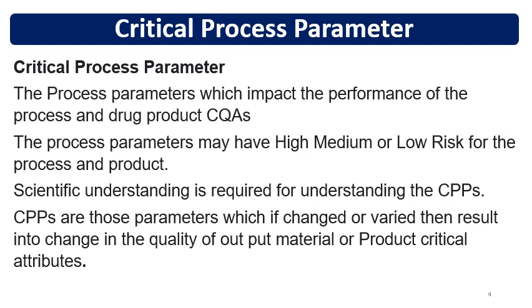The process parameters may have high, medium or low risk for the process and the product. Suppose you are working on a direct compression type of tablet formulation and you are going to mix the materials together. At that time the mixing time becomes the critical process parameter, and if this mixing time is too low or too high, then there are chances of failure of blend uniformity, and the blend uniformity will have an impact on the content uniformity.